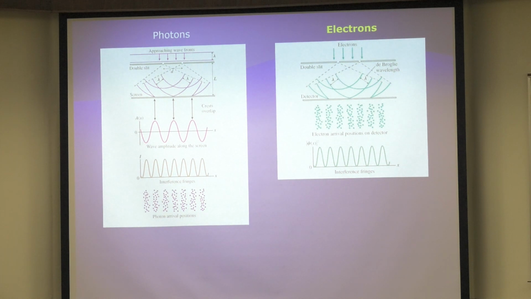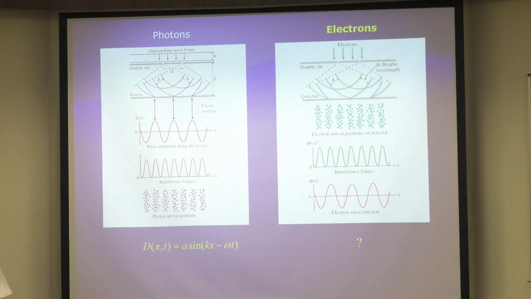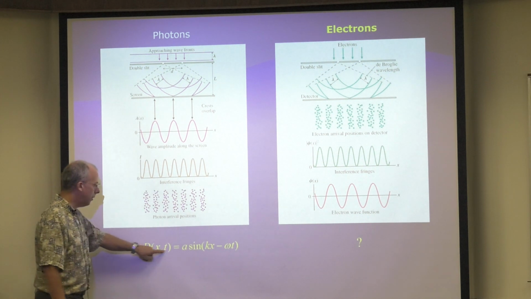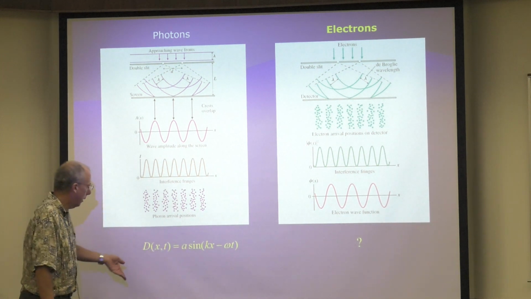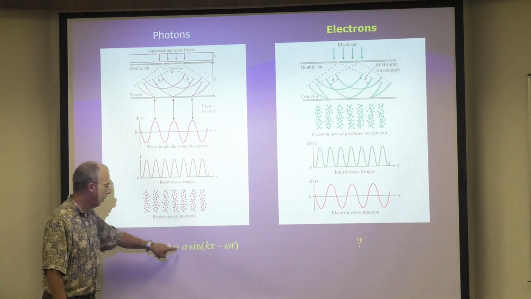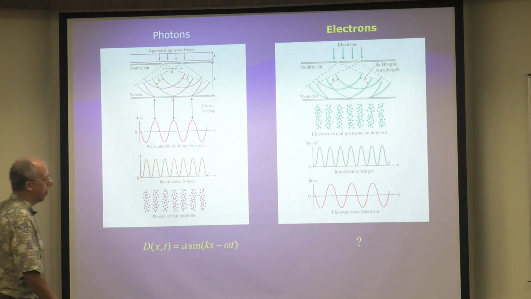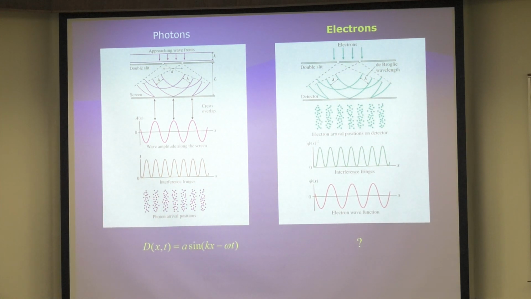Okay, so let's see. Here, with photons, we have an equation for a traveling wave, right? For light. This is the displacement of a traveling wave. Okay, great.